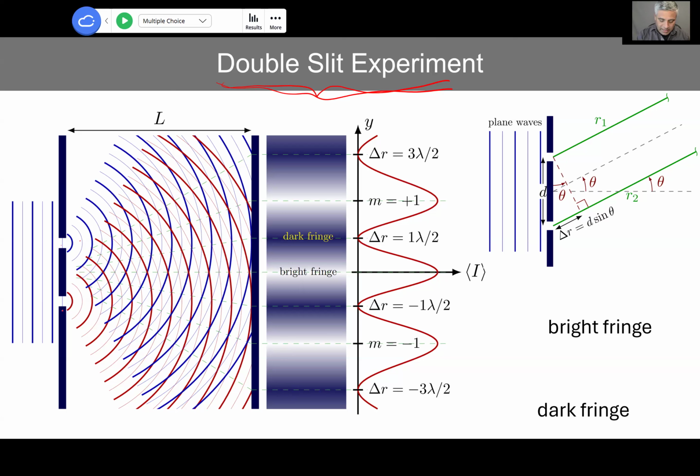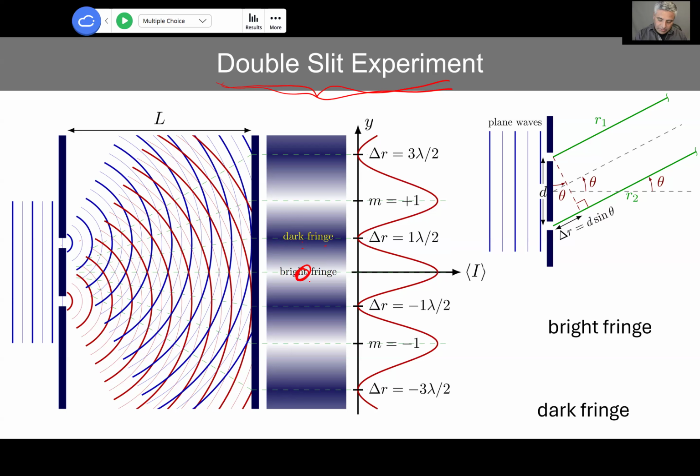Depending on how far they have moved, for example, here we see the dark spot. Since this is a dark fringe, a soft spot, the wave must have gone through a half-integer multiple of the wavelength, right?